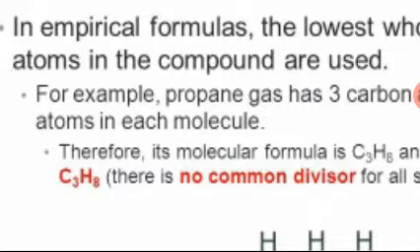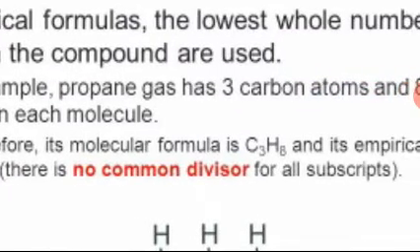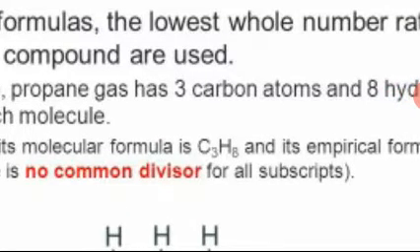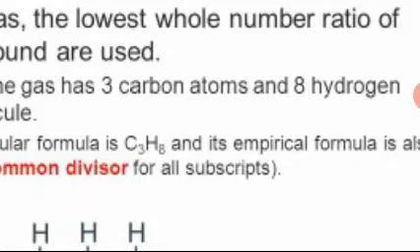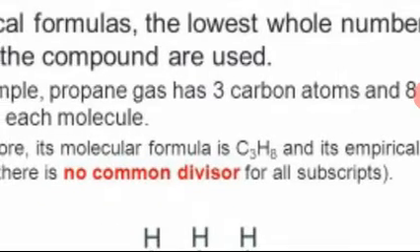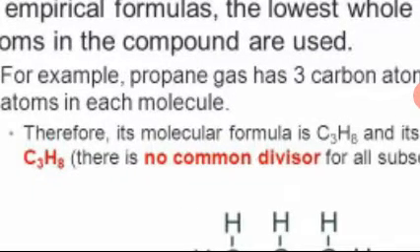If it is C3H9, it may be CH3 because 3 ones are 3, 3 threes are 9. But it is C3H8. It cannot be further divided. So molecular formula and empirical formula both are the same.